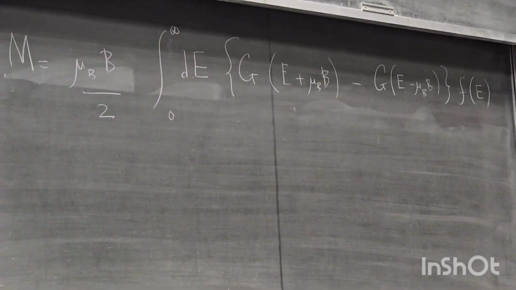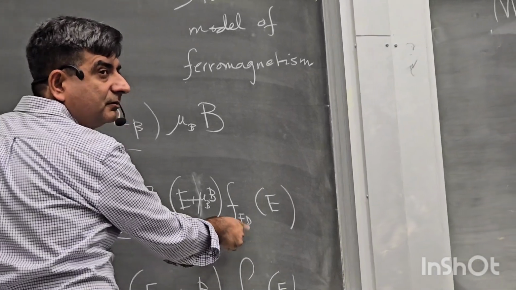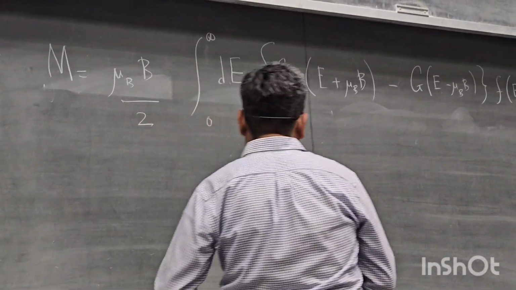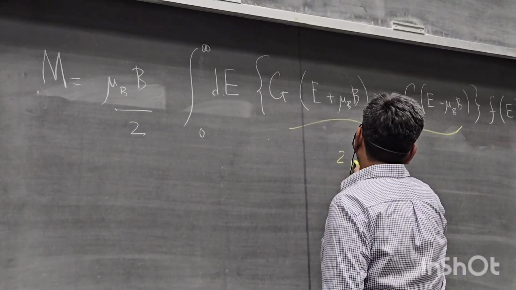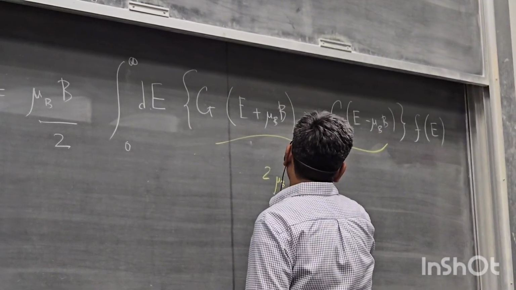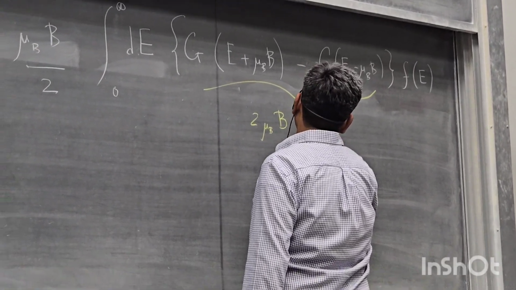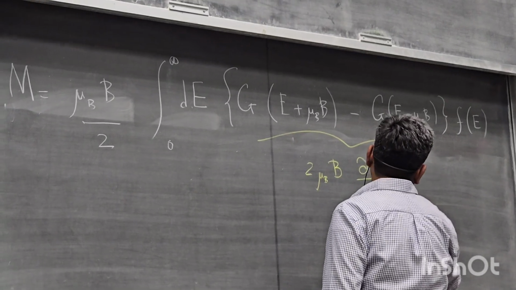Beyond EF this value is 0, right? So this is replaced by 2 mu B partial G over partial E computed at E, correct?